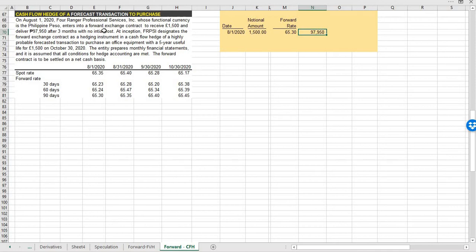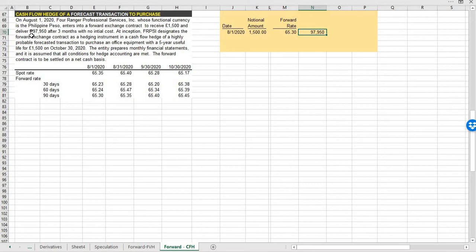Ibig sabihin, ito ay forward contract to purchase. Ano ang bibilhin natin? 1,500 British pounds. At ang ibabayad natin is a fixed price of 97,950. So, itong 97,950 na to, ito ay outflow. So, fixed na to. So, ibig sabihin, yung ating outflow after 3 months is fixed.